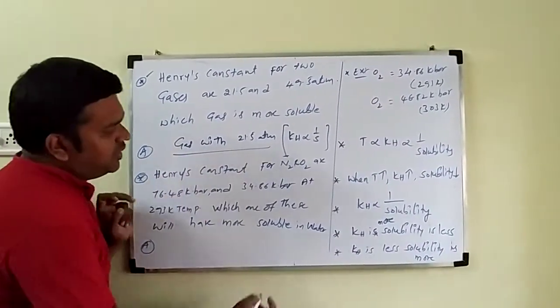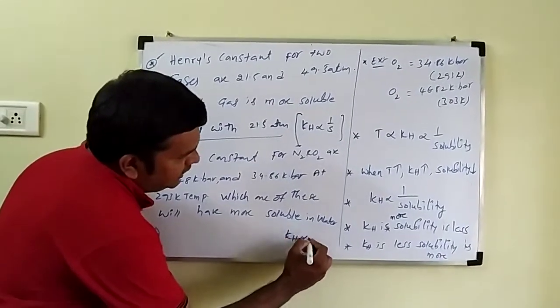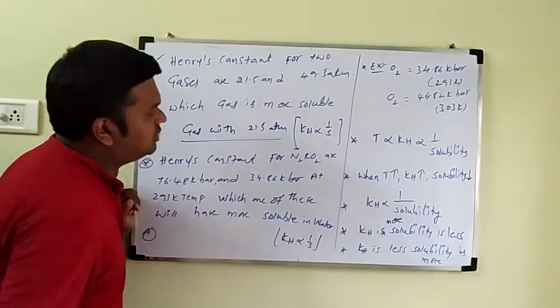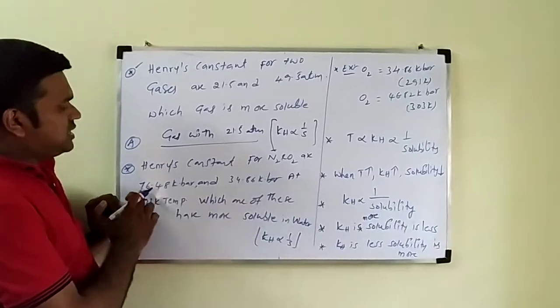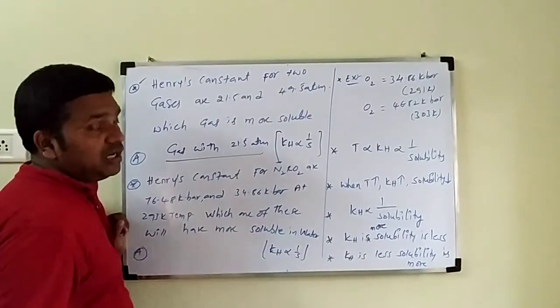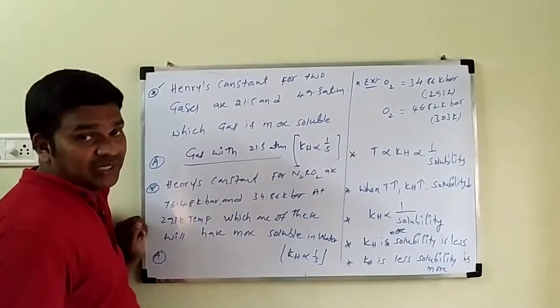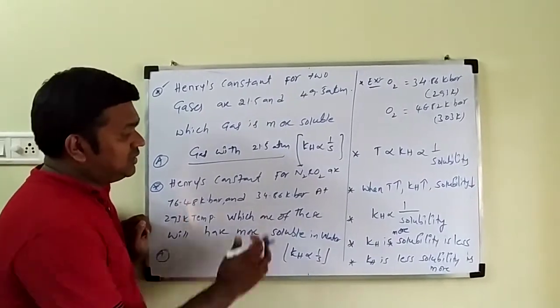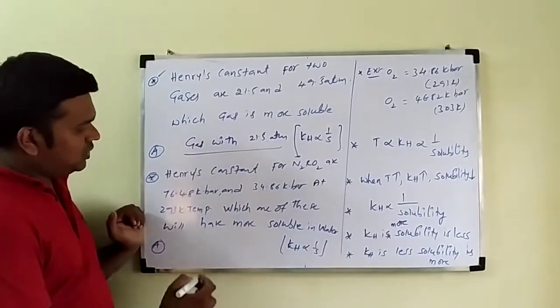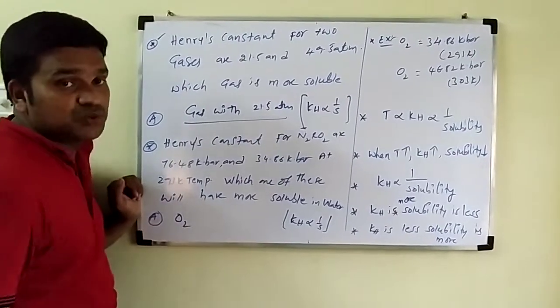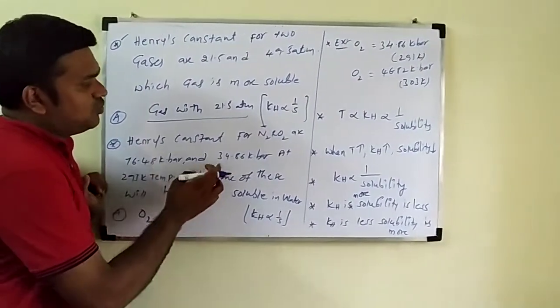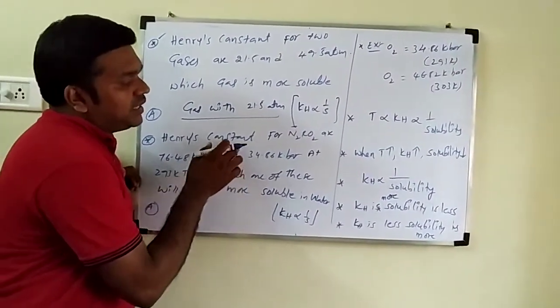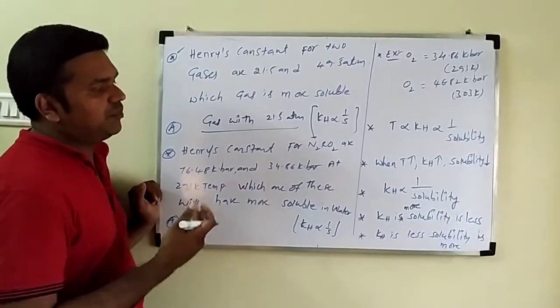The concept is the same: KH is inversely proportional to solubility. N2 value is 76.48 and O2 value is 34.86. Which is the least value? That is 34.86. So the answer is O2, because O2 has the least value. So KH is less.